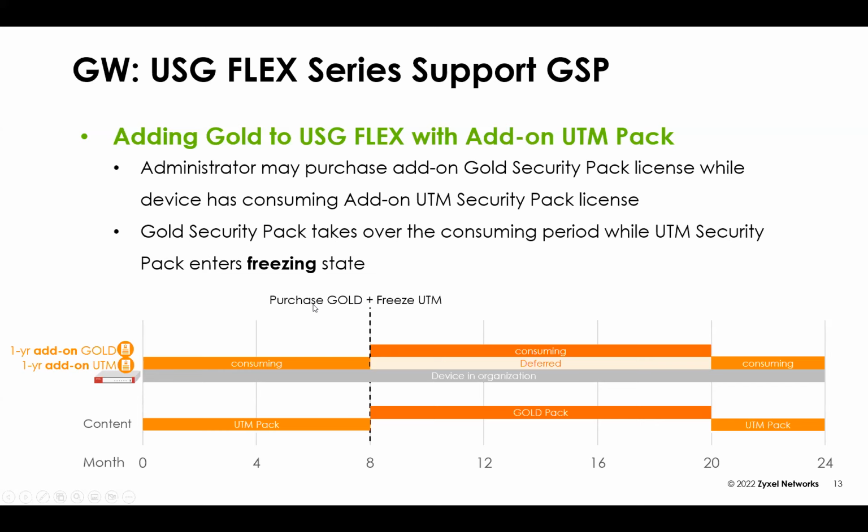That basically means that if you are currently using the UTM service and then you add on the Gold Security Pack, it's going to freeze the UTM service and start consuming the Gold Security Pack. And then it's going to defer the old UTM service until the end of the Gold Security Pack. So just remember that your Gold Security add-on is going to supersede, or be higher priority than, your UTM service pack.